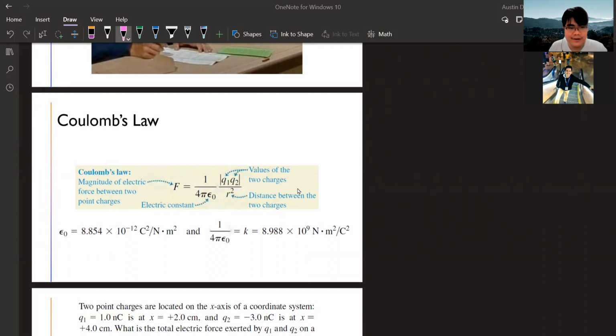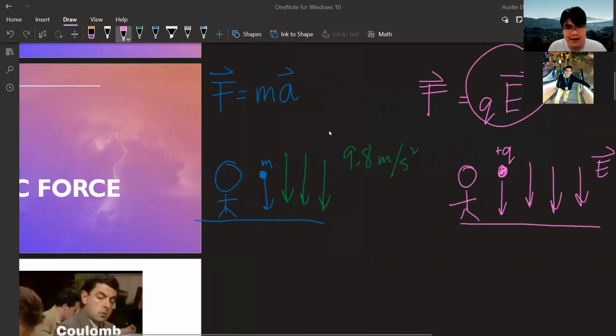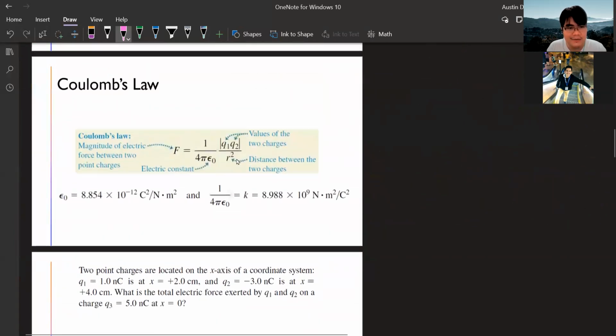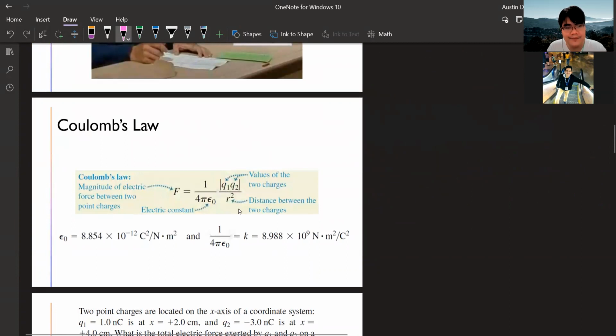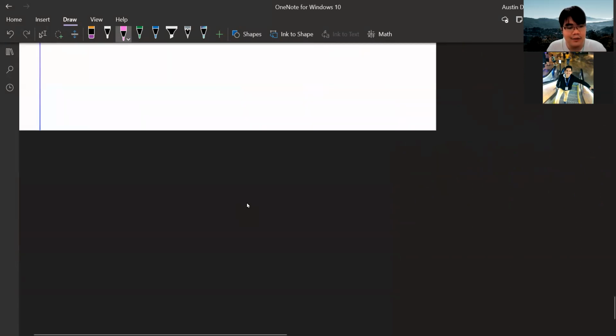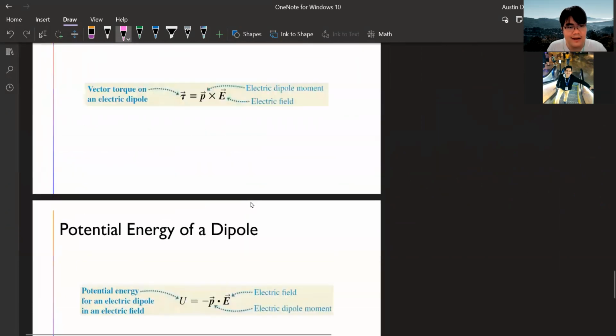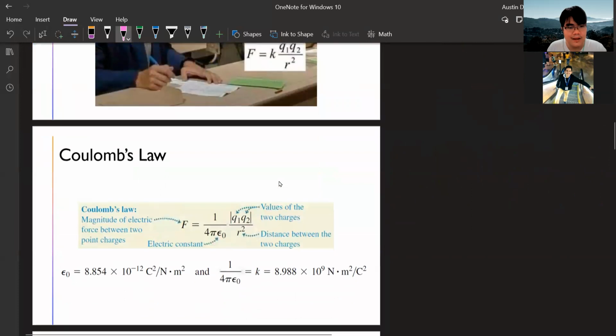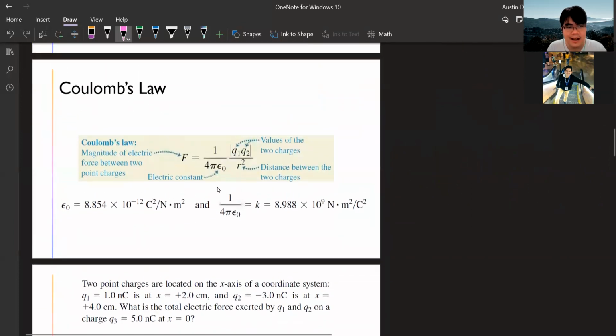Ito yung force. This is the magnitude, no? Magnitude lang to. Kasi sabi ko nga kanina, yung force mo, may direction dapat talaga yan. Pero, for the simplicity of the topic, it would be nice to have the magnitude lang, at least for now.